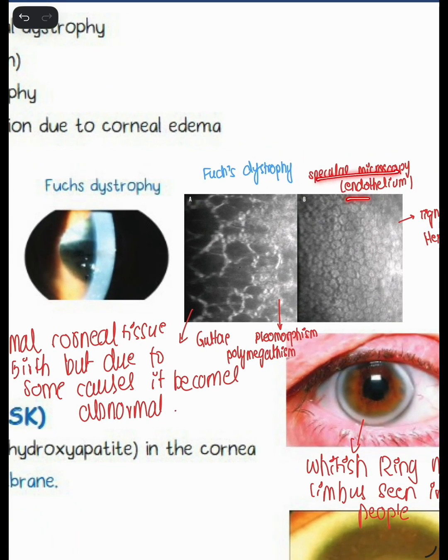This is the specular microscopy of the normal endothelium, but this is the specular microscopy of the Fuchs dystrophy, in which there are deprived endothelial areas, and this is called guttae, and the surrounding cells will come to occupy the space, and it results in the pleomorphism, change in the shape of the cells, and the polymegathism.